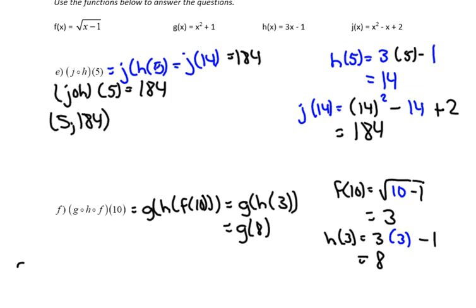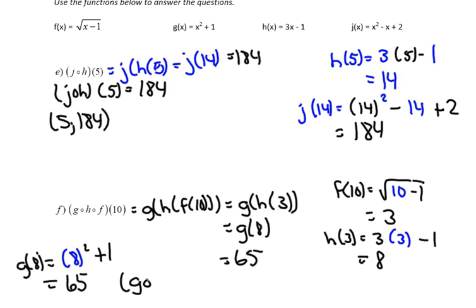So let's do that here. Squared, don't forget the plus 1. 8 squared is 64, plus 1 is 65. So, composition of these three functions with domain value of 10 is equal to 65.